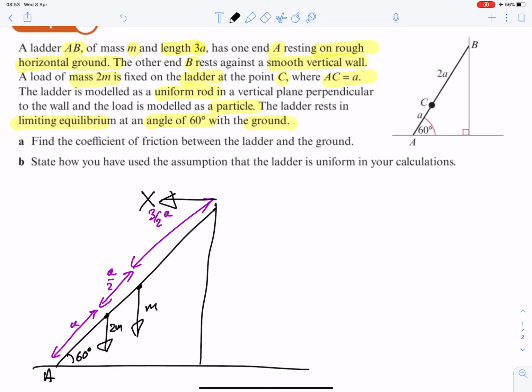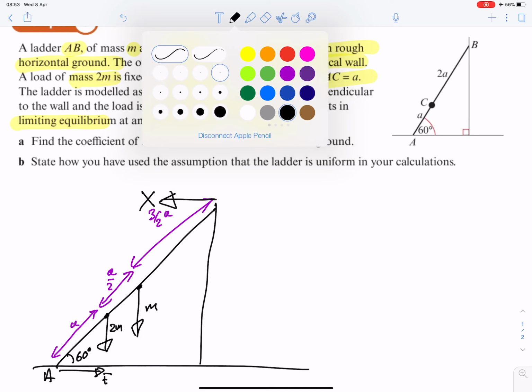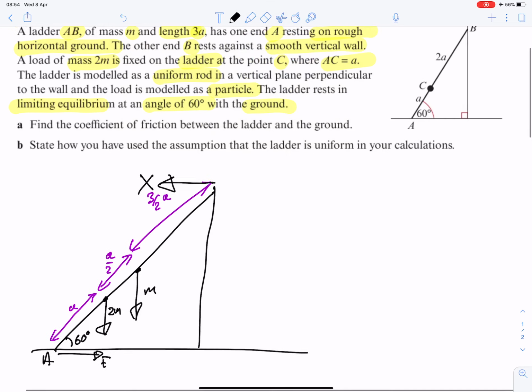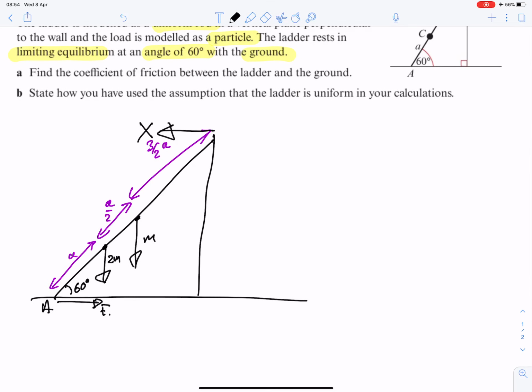Okay, now let's look at what other forces are acting. Because the wall is smooth, we've got a reaction with the wall, and there is no friction, so it's just perpendicular to the wall. So we could call that capital X. On the floor here, the ladder will be trying to slide down the wall and away from the bottom of the wall.